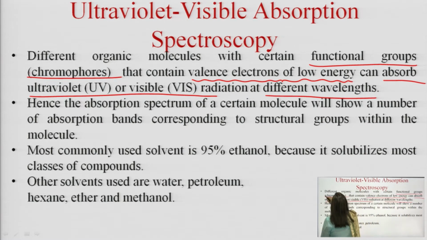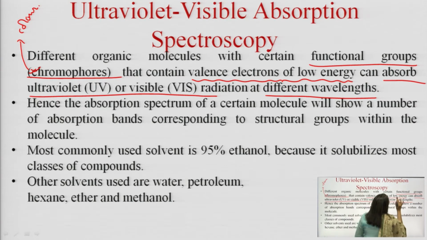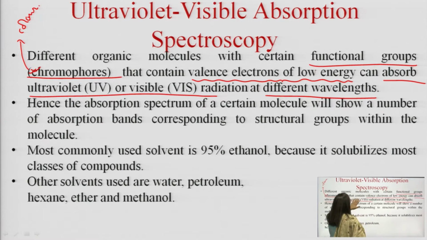So, here chromophores are the functional groups that are capable of giving some color, hence termed as chromophores. These chromophores can give color because of various valence electrons which are capable of low energy and can absorb either visible range or UV radiation at different wavelengths.